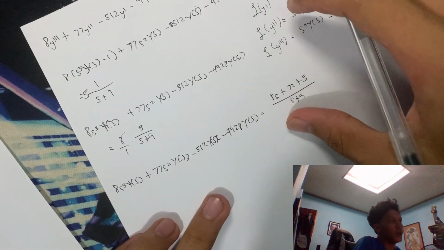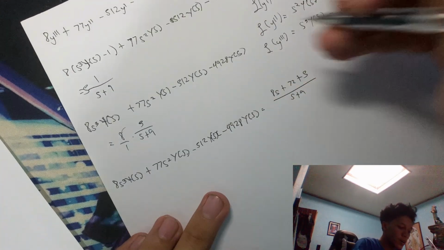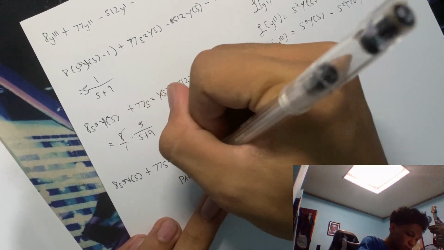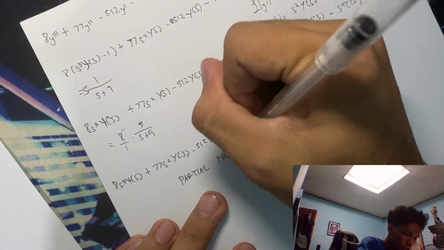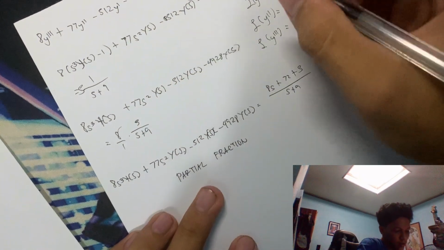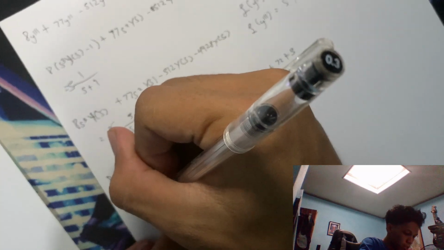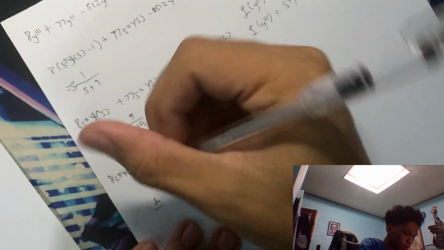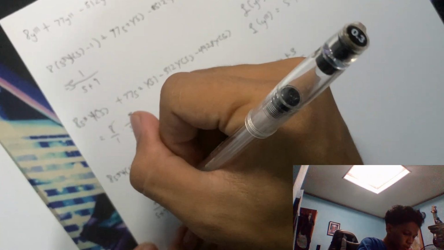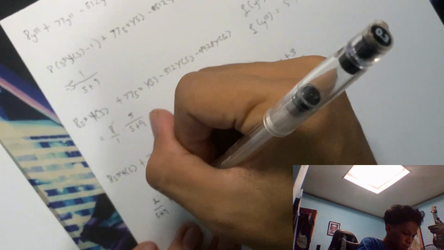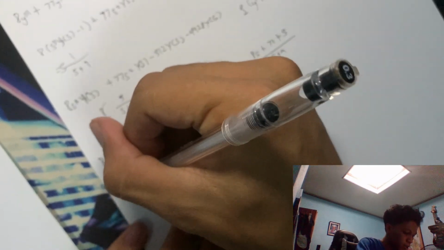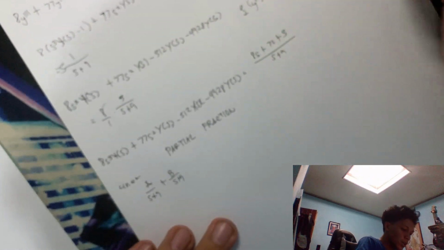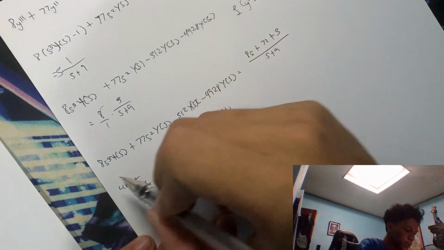Now the next step is we'll have to use our partial fraction. Note that partial fraction has to be like a over s plus 9 plus b over s plus 9, something like that, are linear. And to use this, we'll just have to factor this.